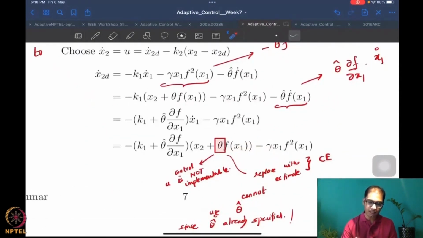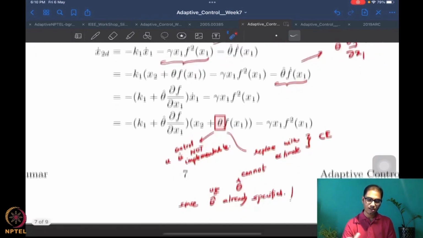It will not cancel the theta tilde term that you get because of this change in the control. Of course you also want this term to be cancelled, because in the ideal circumstance this term goes away, but in the adaptive circumstance, that's how we cancel these theta tilde terms, or the parameter error terms: by introducing a Lyapunov function and using the update law for theta hat dot to cancel this term. If we are unable to cancel the term corresponding to this, we'll be left with a non-negative definite term in the Lyapunov function derivative, and that's a problem.